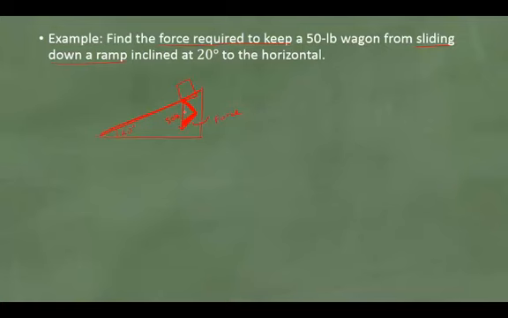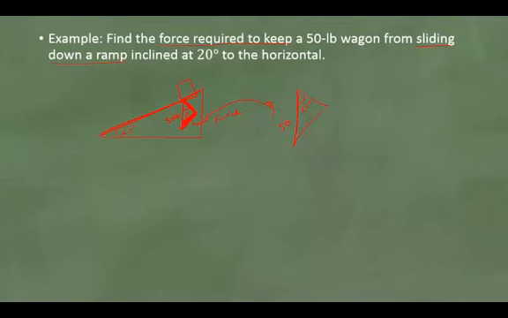The key to this problem, though, is to notice that this angle right here is also 20 degrees. Okay, so let's make a little picture of that triangle. This angle is also 20 degrees. Make a little bigger picture over here. We have 50 pounds.